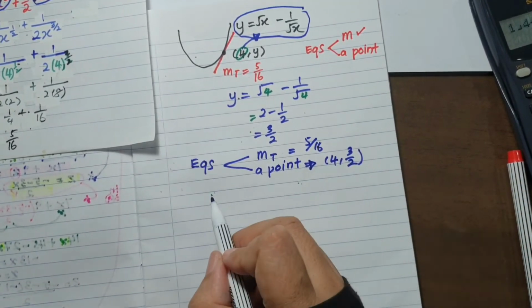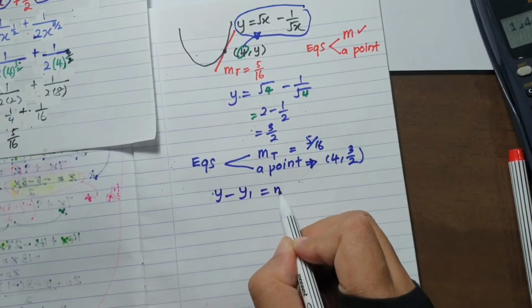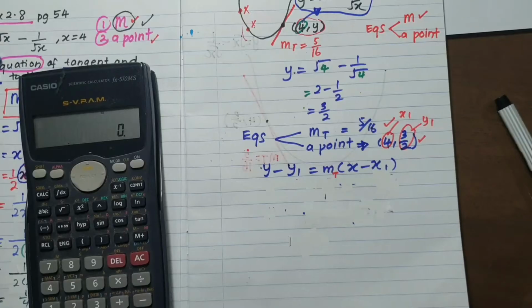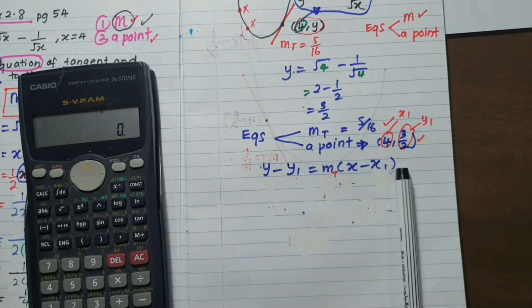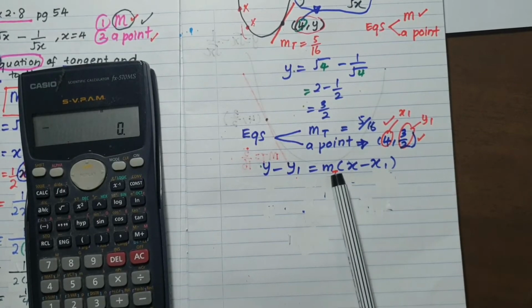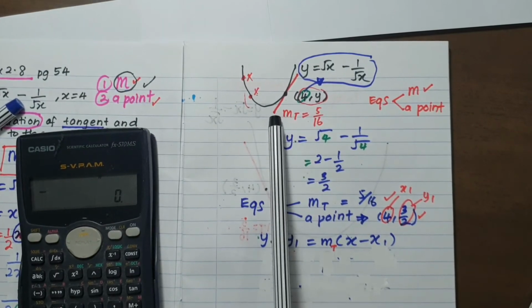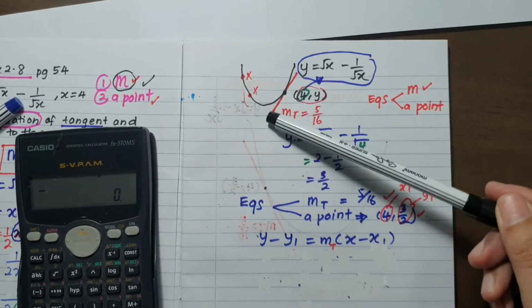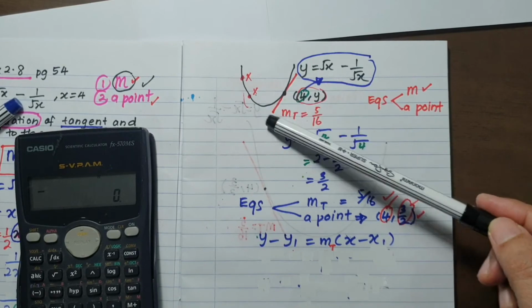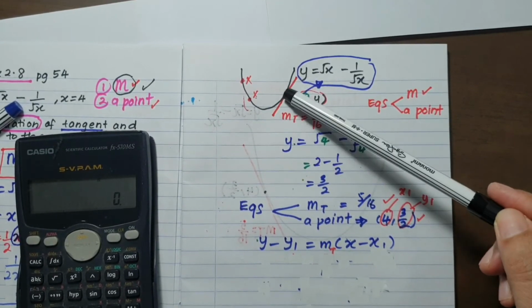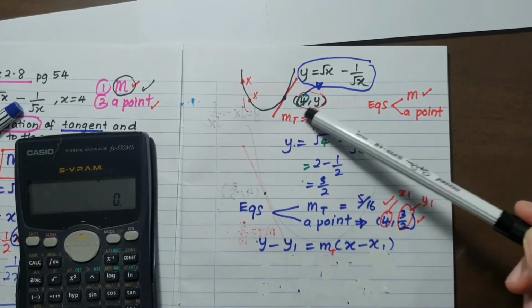Okay, now let's put in this formula. Okay, let's use this formula. So the gradient here must be the gradient of the tangent to the curve. Since you want to find the equation of this tangent, the gradient must be the gradient of the tangent of the curve that passes through this point.